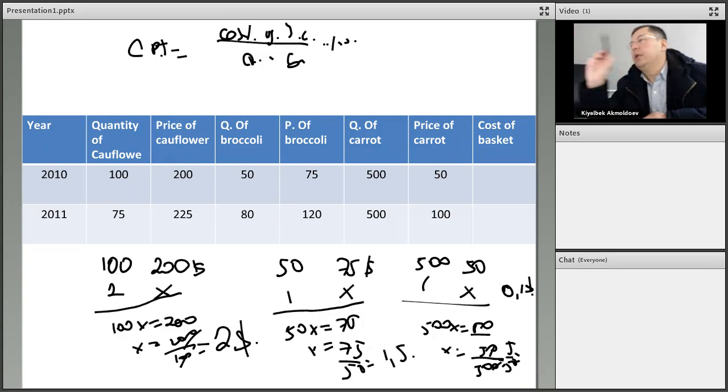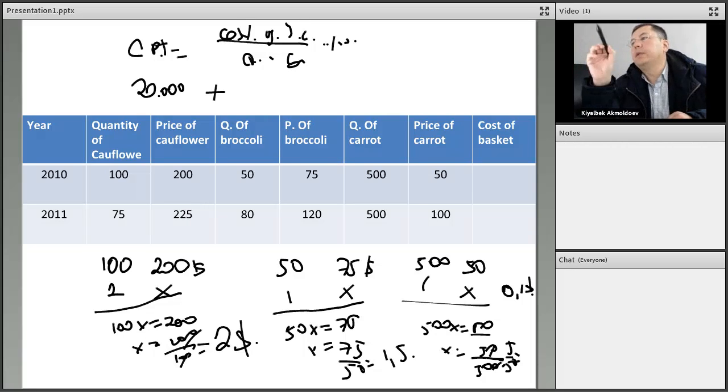Okay, so let's find cost of basket. 100 times 200 is 20,000.